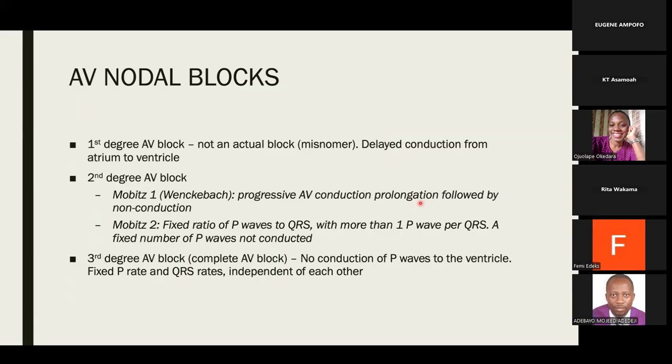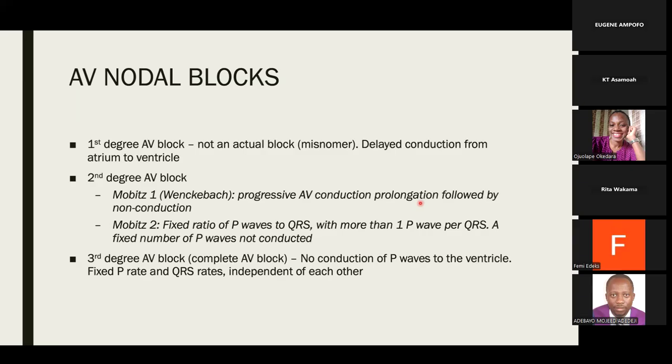And this is, as I said, infrahisian in origin. And once it's arising from the His and infrahisian tissues, that tells you that it is an unreliable rhythm and can easily progress to either a complete heart block or cessation of electrical activity, and that can have profound implications for the patient. So these people, generally, you would want to pace them even if they don't have symptoms.